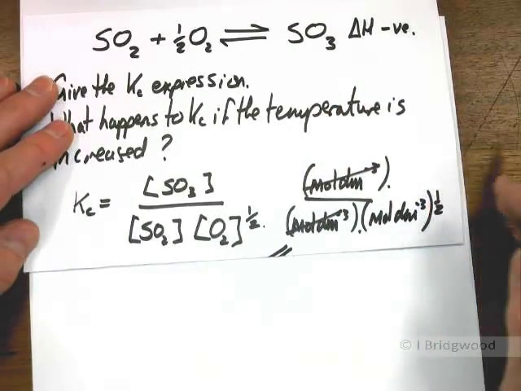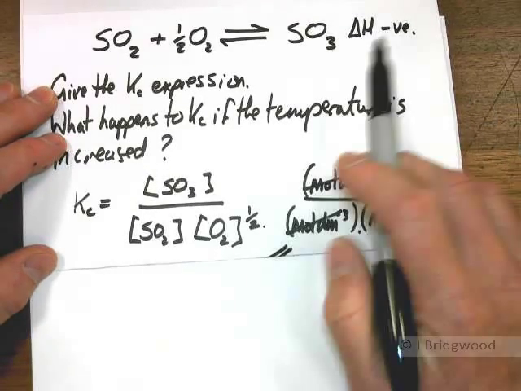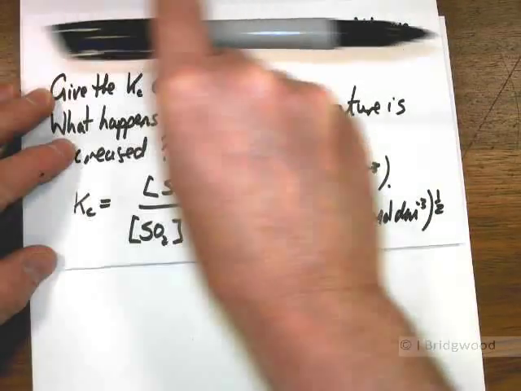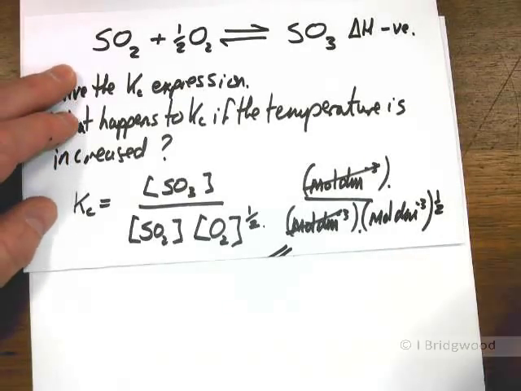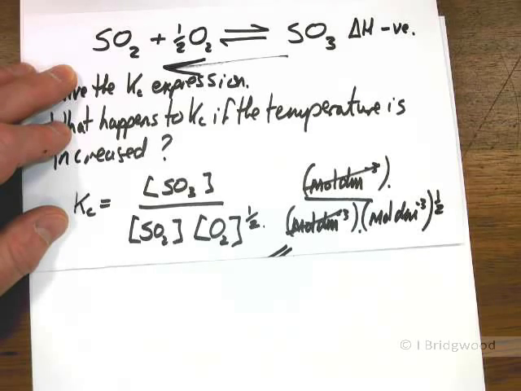The system will oppose that increase in temperature, and it will favour therefore the endothermic process. The exothermic process is to the right, the endothermic process is to the left.